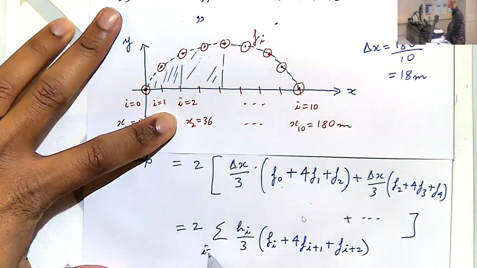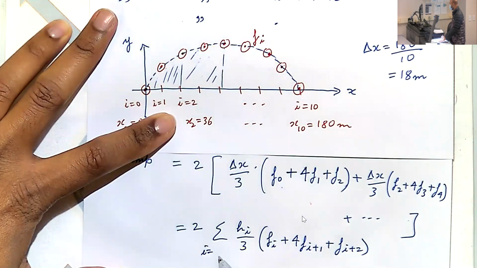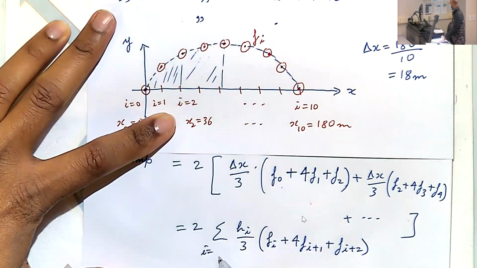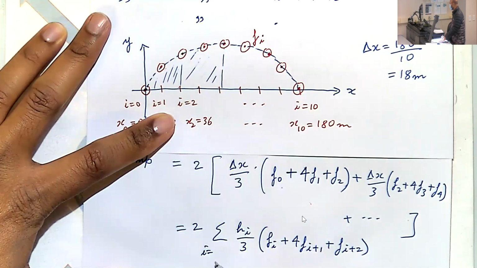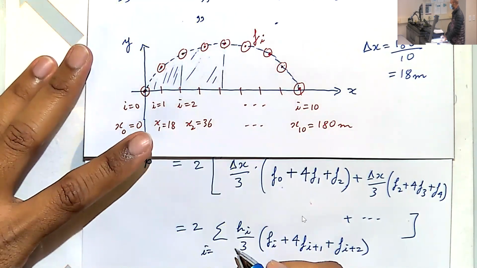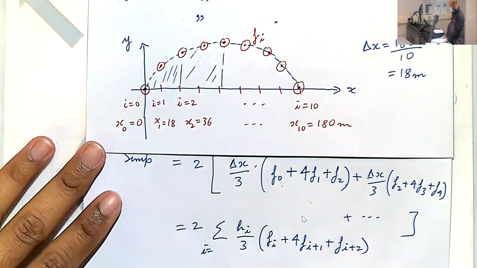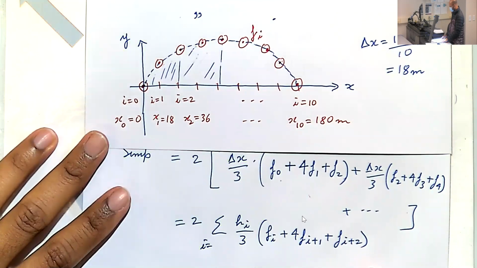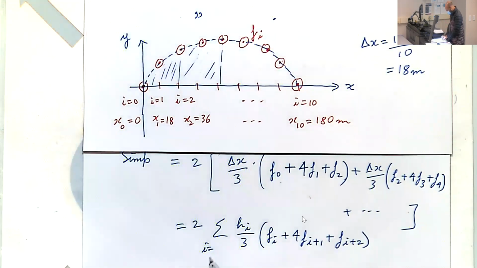If that was in terms of like the first part, wouldn't the next have to be f1 plus 4f2 plus f3? Hmm. Okay, wait 1 second. So tell me the limits.